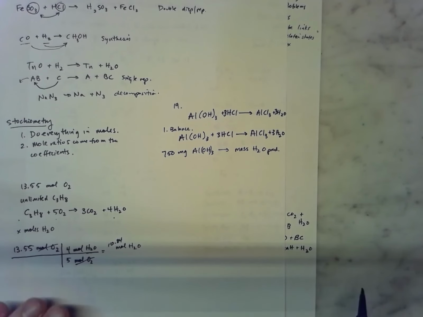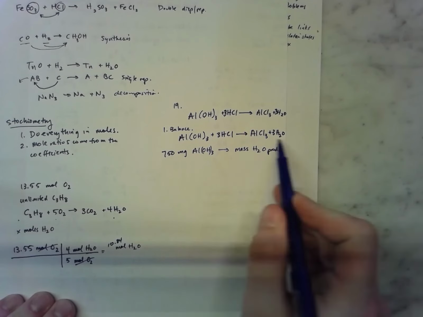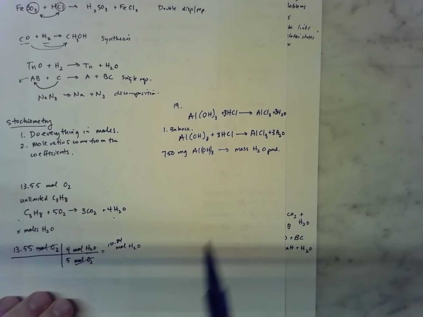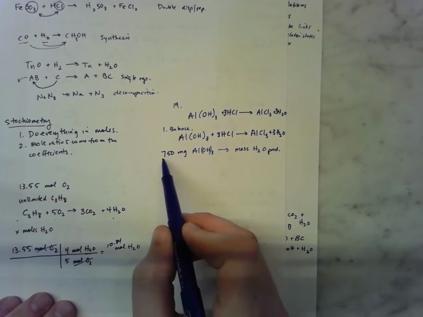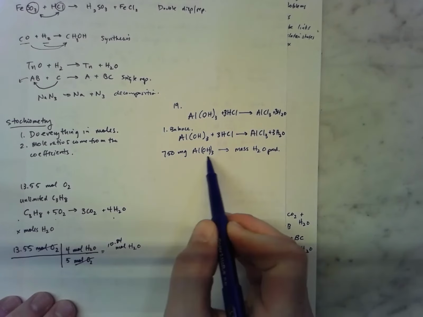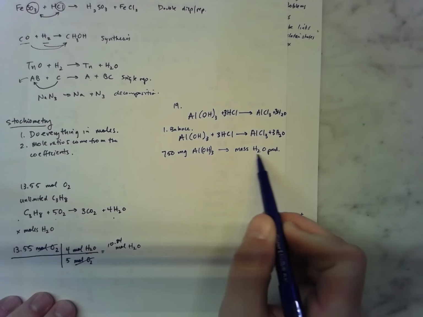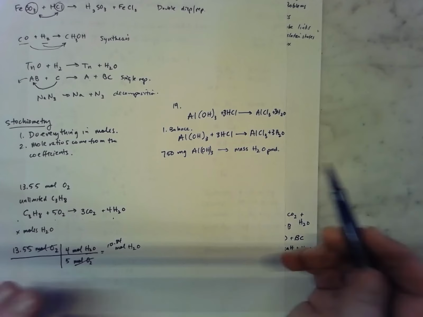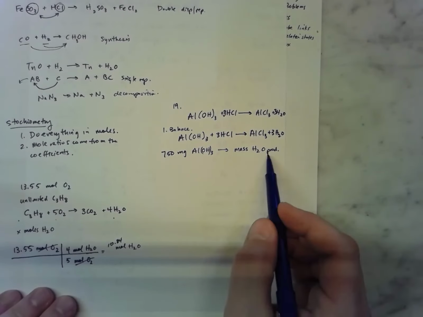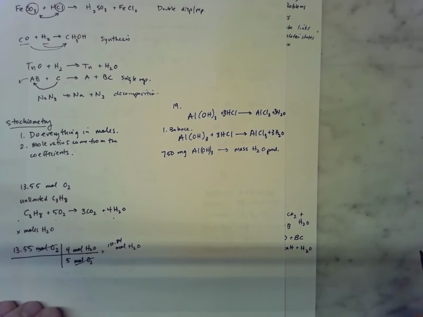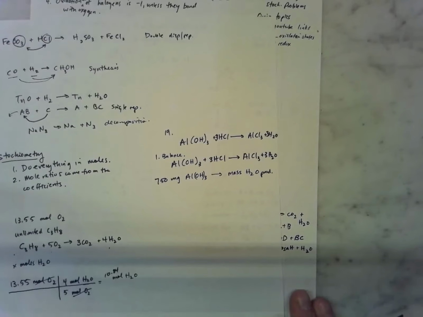Okay, how are we going to do this? Basically what he's saying is, given these conversion factors in this formula, we need to convert 750 milligrams of this into some number of, we could say milligrams, that's fine, of water. So let's just do that conversion.